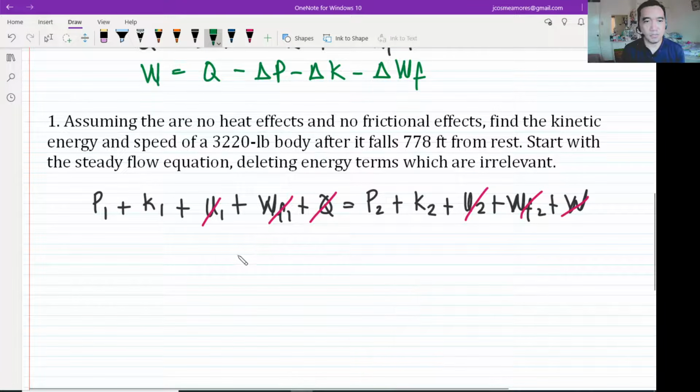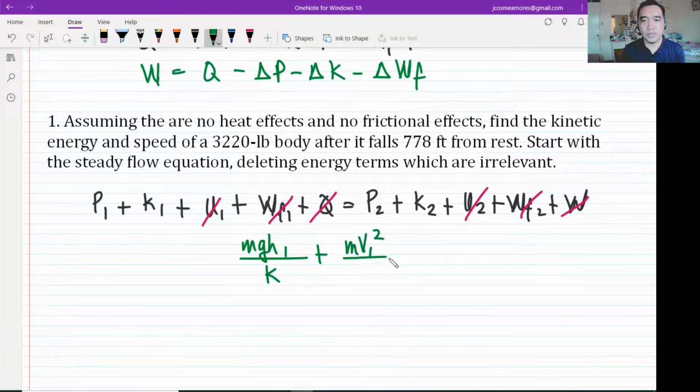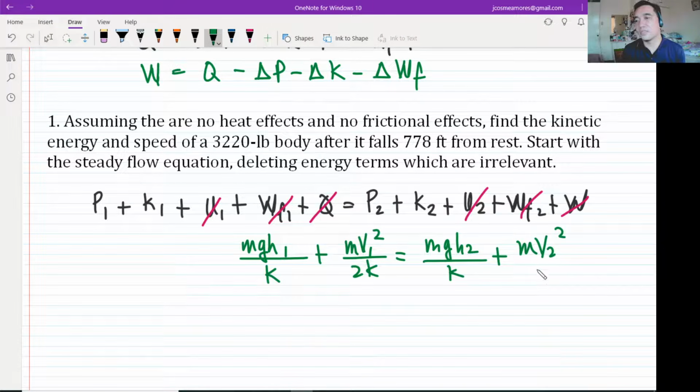Let's write the formula for P1: mgh1 over k, plus the kinetic energy of the body, mv1 squared over 2k. And at point 2, that would be mgh2 over k plus mv2 squared over 2k.